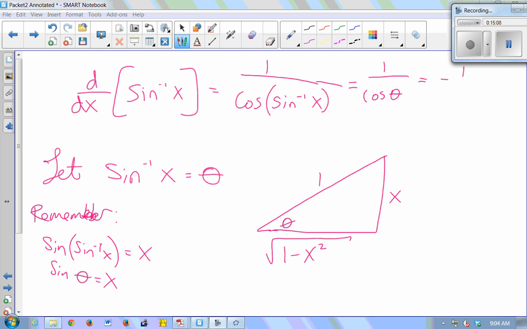So this is going to be 1 over the square root of 1 minus x squared over 1, but I won't bother writing it. So this is the derivative of the inverse sine of x.